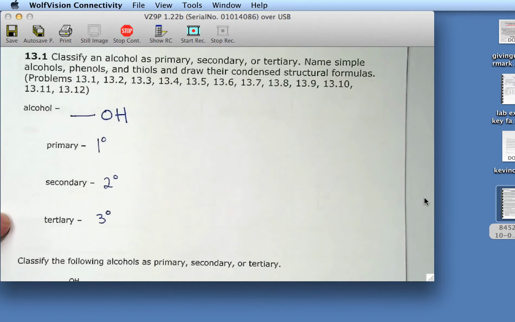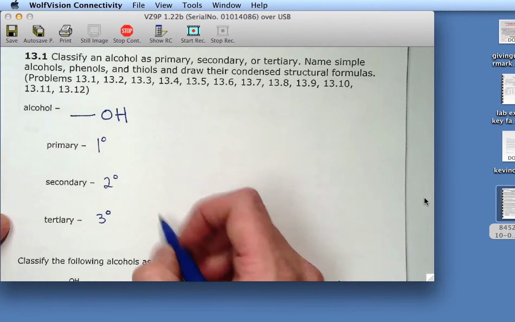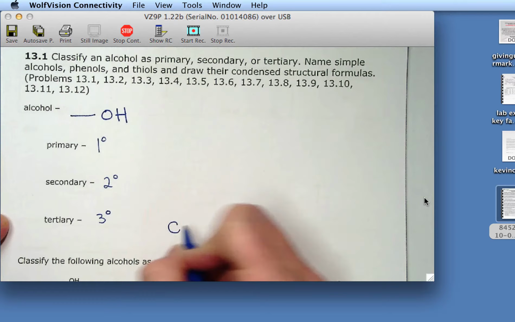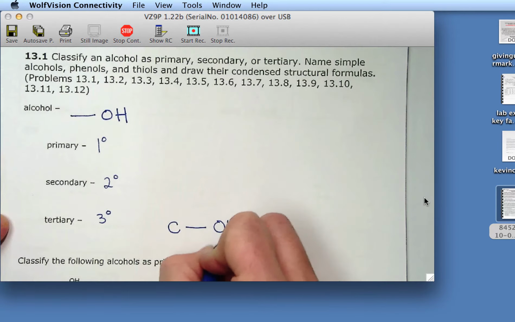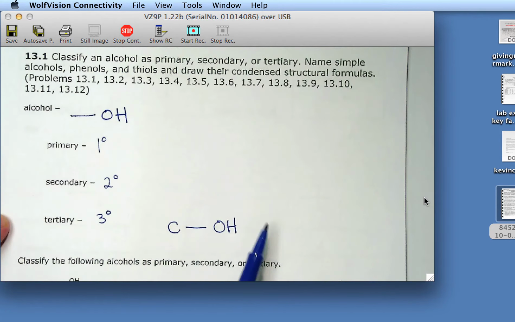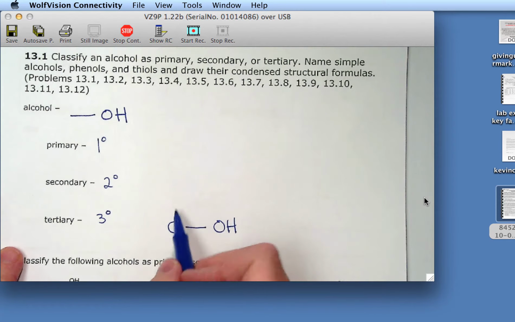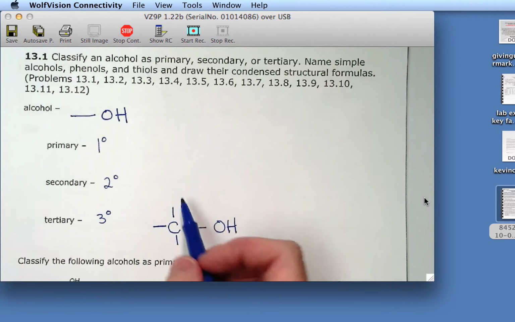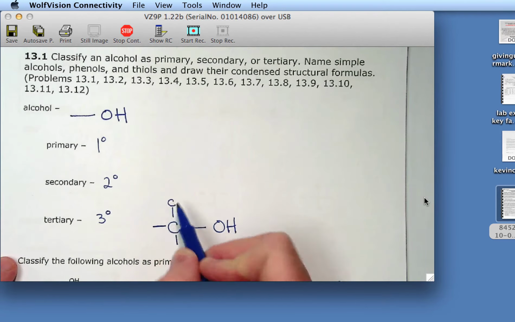So a tertiary alcohol looks like this. The carbon to which the OH is bonded has 3 non-hydrogen bonds.